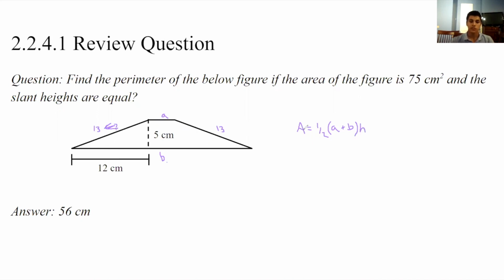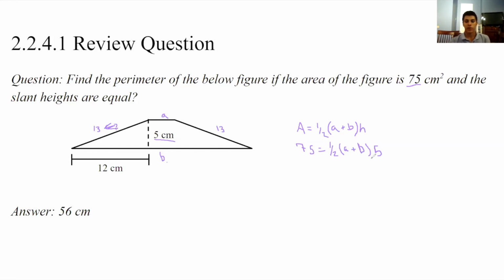So now we just need to fill in whatever we already know. So we already know that the area is 75 because it tells us that in the question. So 75 equals 1/2 times A plus B, and we don't know A or B, so we can't fill those in, and then times H. And we know that H is 5 centimeters because it tells us that also in the diagram.